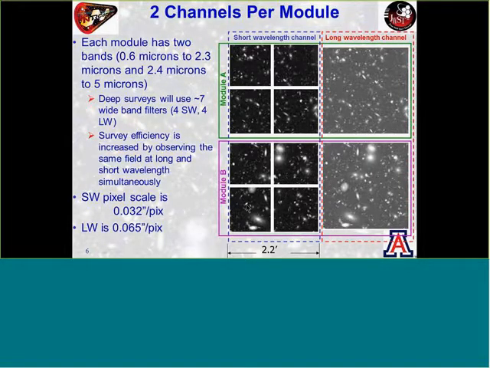So you can see module A, module B, meaning A is one half, B is the identical other half, and then each one has a short wavelength and a long wavelength channel that are the same pieces of sky.